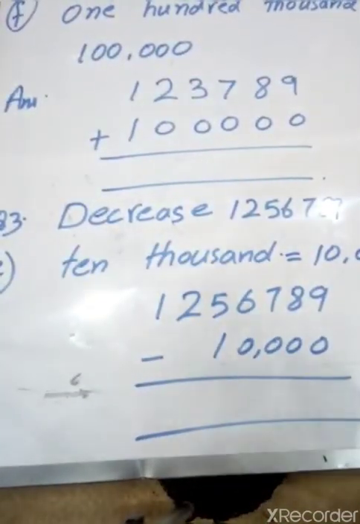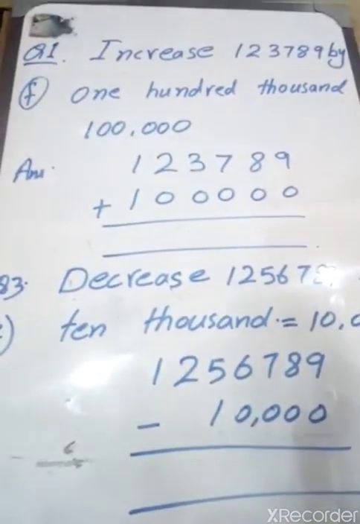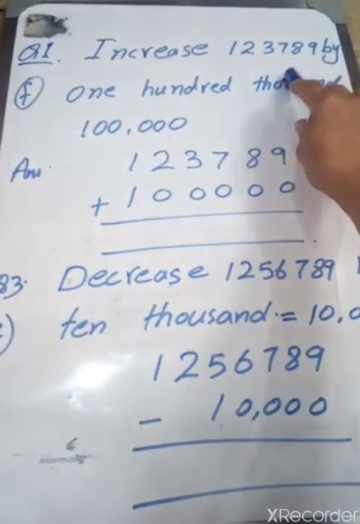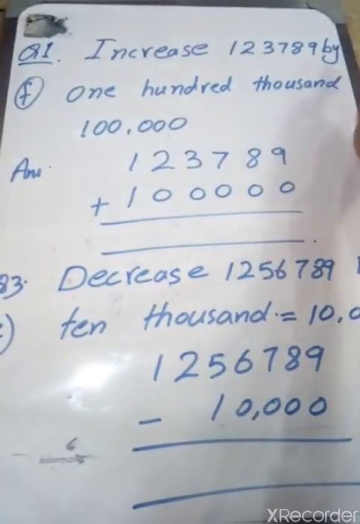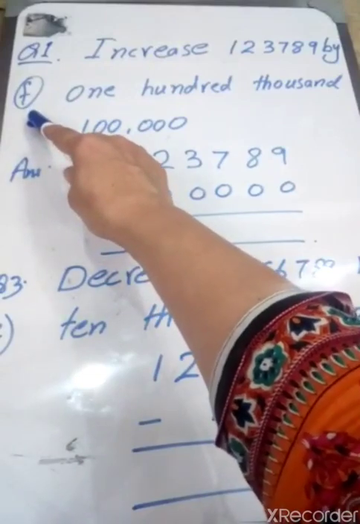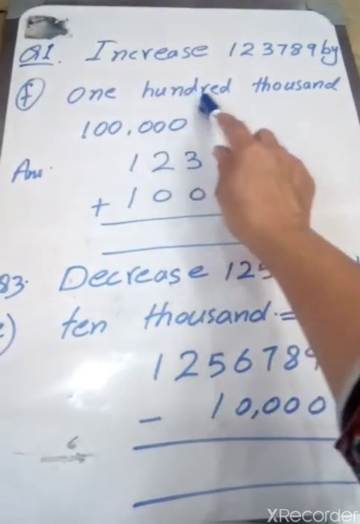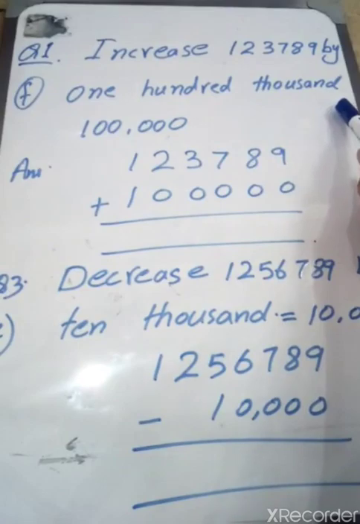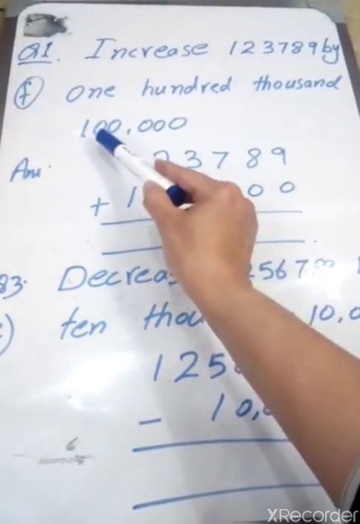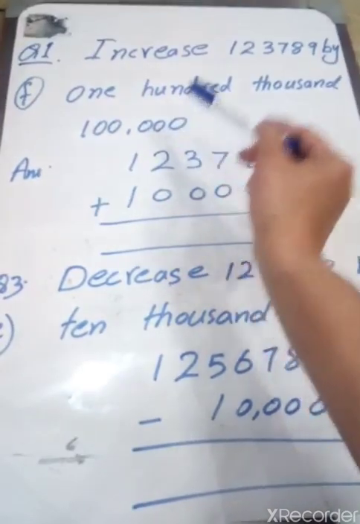Look at the board now. Our sample question here is increase 123789 by, I'm going to solve part F from your page number 11. It is 100,000. First write that 100,000 in digits, which is 1, and after 1 we have 5 zeros.